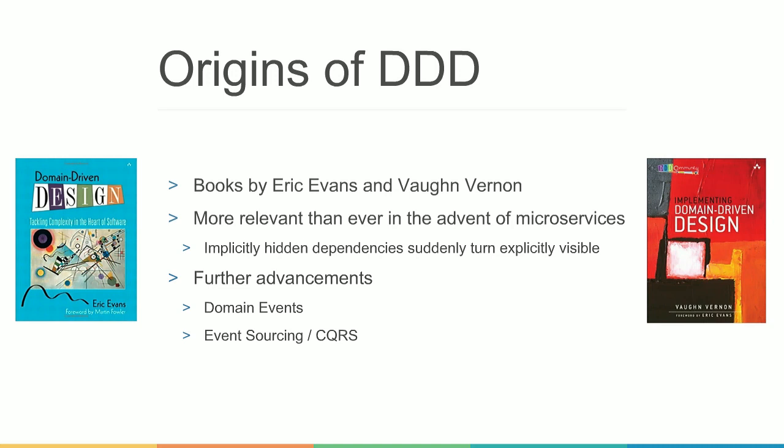There is a very active community going on now. There are also dedicated conferences on domain-driven design. I mostly have a look at the European market. Obviously, there's a great conference called DDD Europe, and the Kandinsky, a very new conference, which is taking place, I think, next week in Berlin.